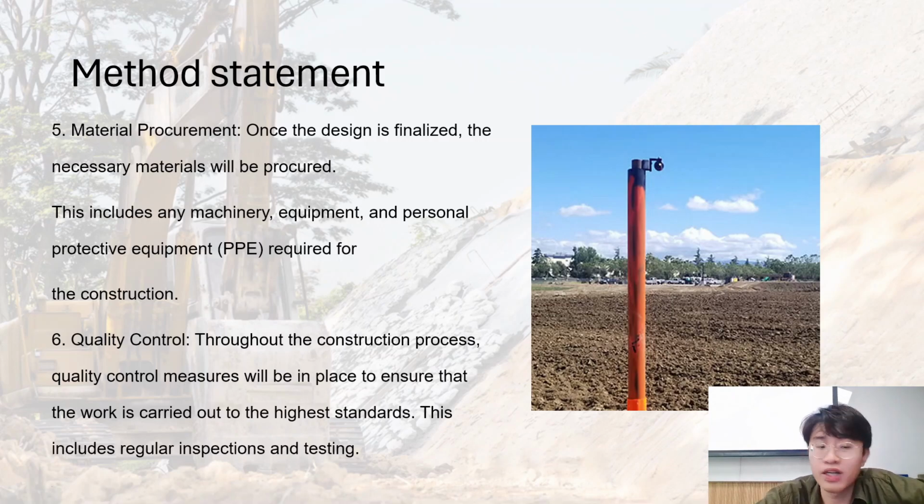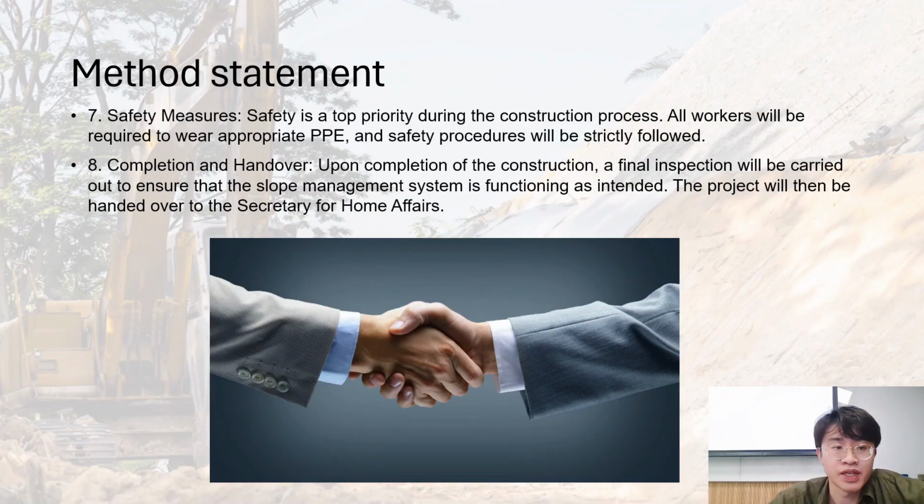We will also provide quality control throughout the construction process. For example, the control measures will ensure the works are carried out to the highest standards and keep to the standards and regulations in Hong Kong, including regular inspections and testing.